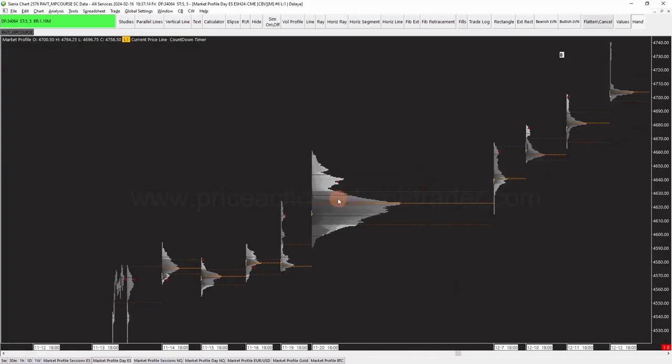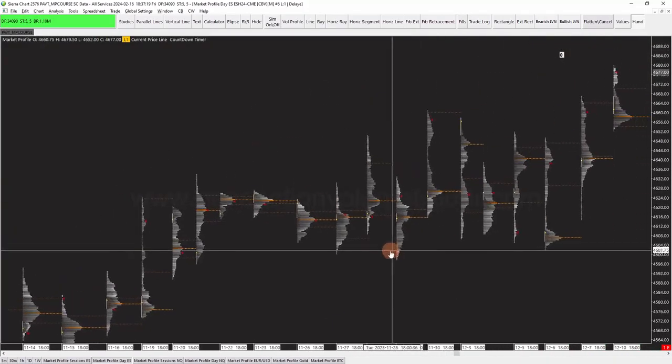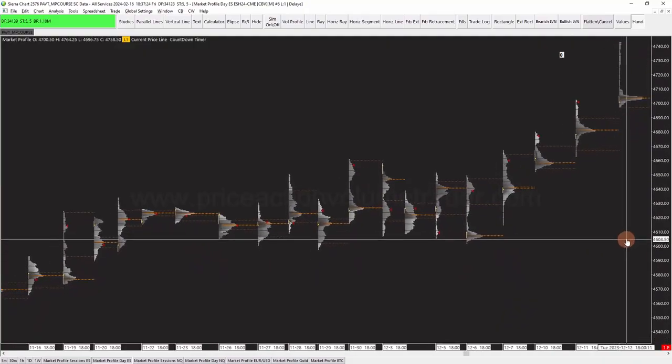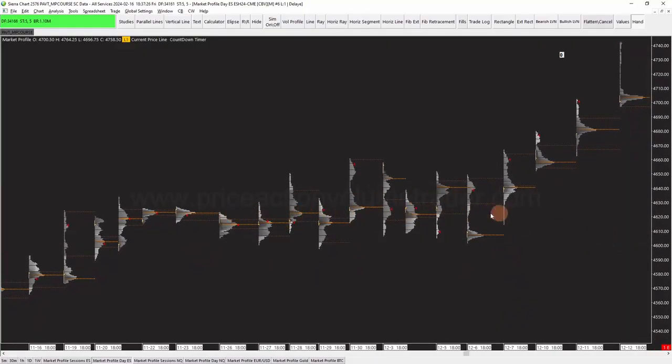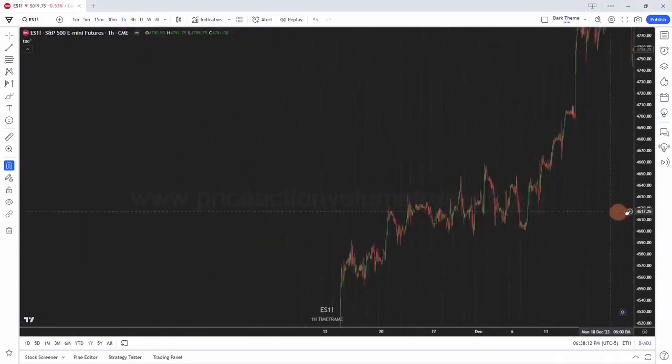And if I go here and I just click undo all merges in profile, we now have again all these individual daily TPOs unmerged. If we go just into a time-based chart, let's do a 1 hour chart.